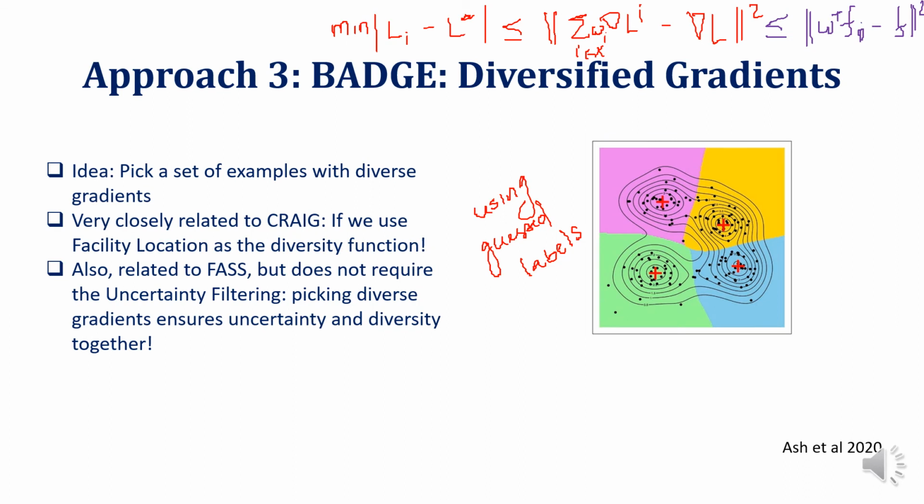Another approach to subset selection for active learning is kind of a variant of Craig.